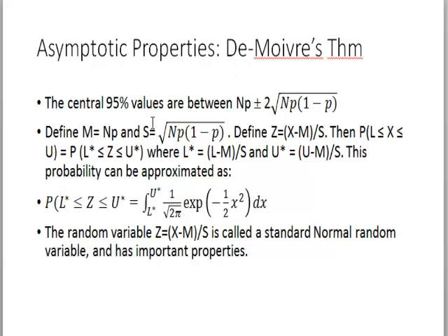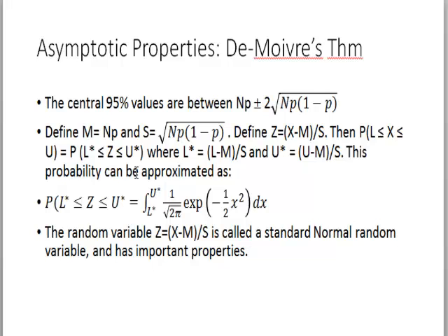Now if I define M equals NP, M is the mean, and if I define S equals the square root of N times P times (1 minus P), that's the standard deviation for the binomial. And now I define Z equals (X minus M) divided by S. This is called standardization.